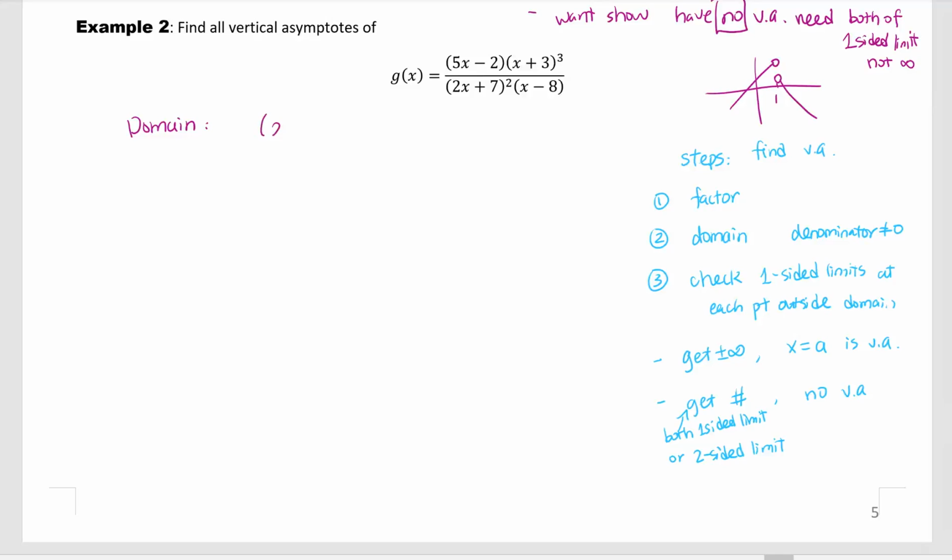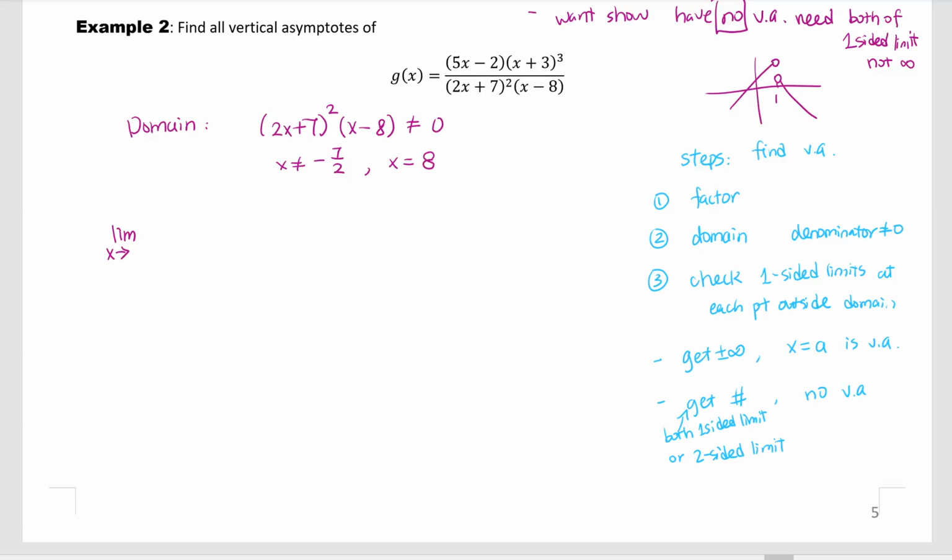My denominator not equal to 0. So the first factor, x cannot be minus 7 over 2. And x cannot be 8. So far, so good, everybody? Then at each of the numbers, we want to compute the one-sided limits.